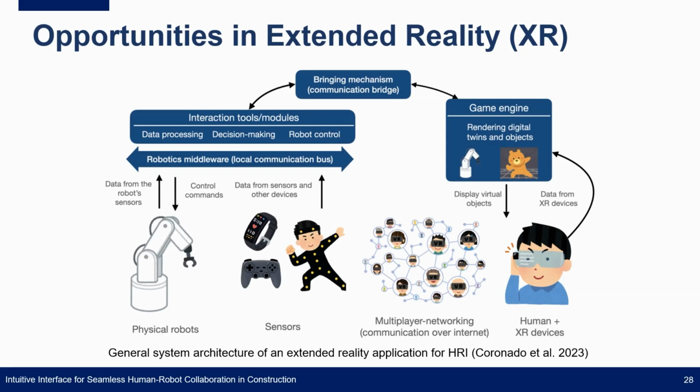These sensors could include RGB and 3D cameras, game and VR controllers, touch inputs, and wearable devices. Data are sent from the physical system to the virtual system, and from the virtual system to the physical system, using communication mechanisms. Interaction tools are used to process the data obtained from the sensors, and the robot control tools are used to manipulate the real-world environment based on such inputs.